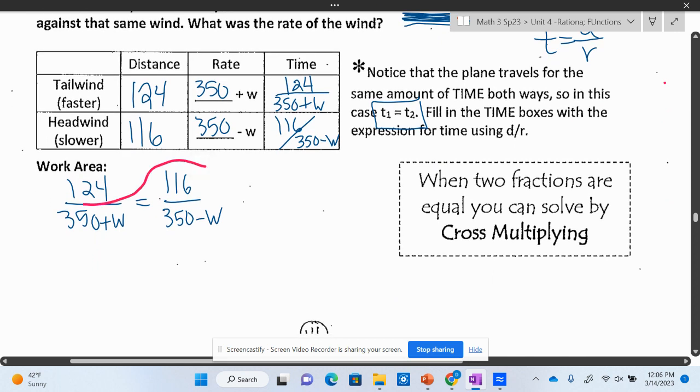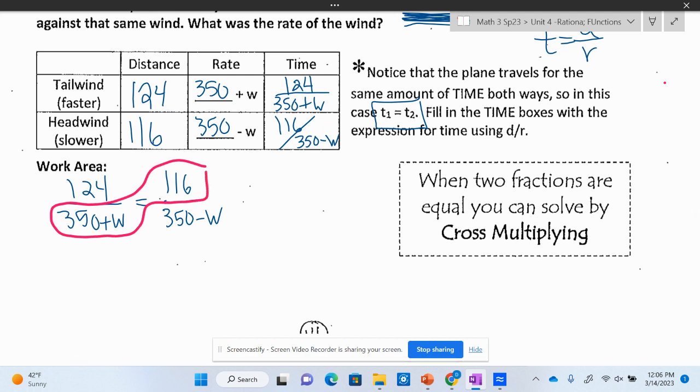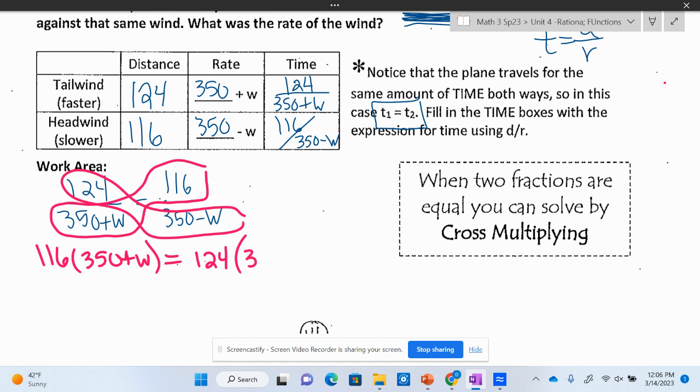You guys remember this on the first day? So this becomes 116 times 350 plus W, which is equal to 124 times 350 minus W.